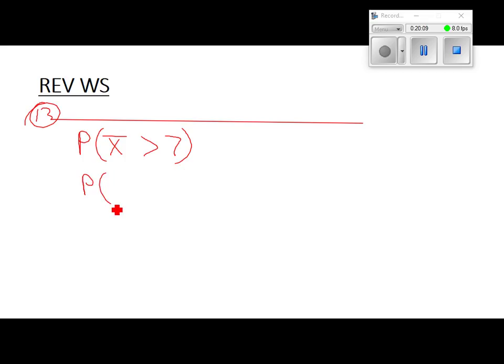We just want the stuff that's greater than 7. What are we going to tell the calculator? We're not going to tell it 7, because if we tell it 7, it includes the 7, and we don't want it to. So do we go to 8?